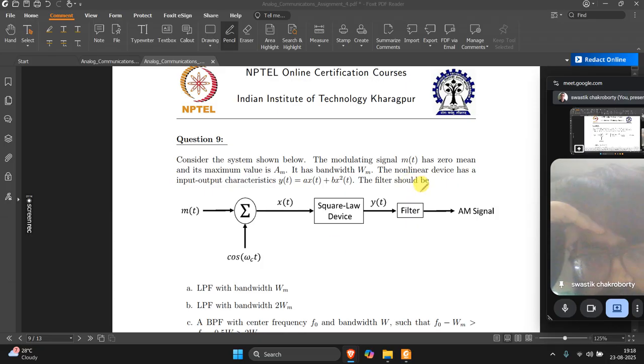Now what should the filter be? We have to find the filter which will give us an AM signal.